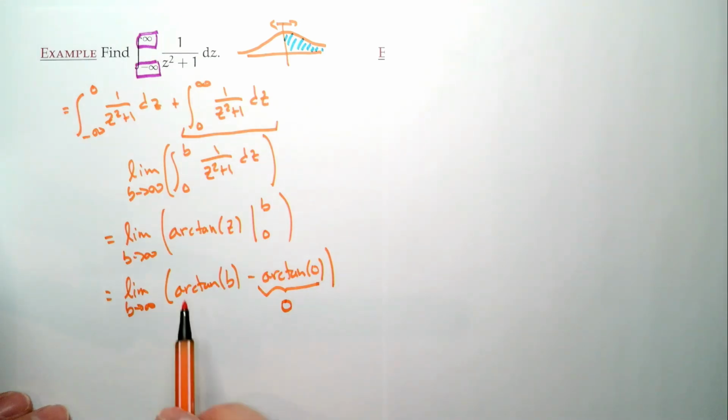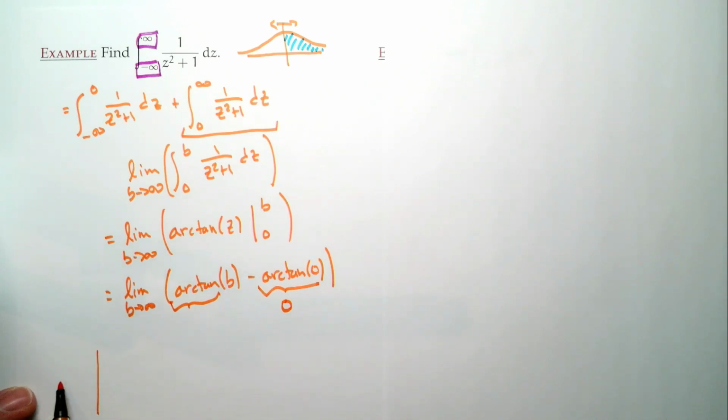Now we have this other question. We have arctangent of b, but b is getting big. So we have to understand the arctangent function, and it might help to recall tangent. So tangent looks something like this, at least a part of tangent does.